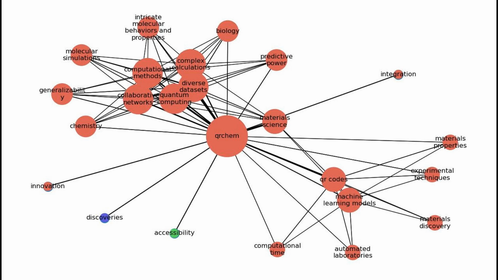Another exciting direction is the combination of QRChEM with advanced experimental techniques, such as high-throughput screening and automated synthesis. By integrating machine learning models with automated laboratories, researchers could rapidly test and validate predictions, significantly accelerating the cycle of materials discovery.